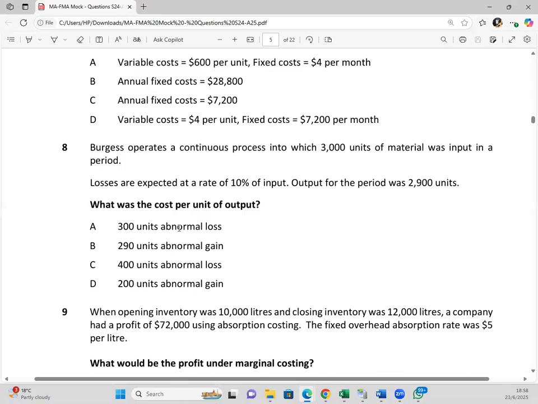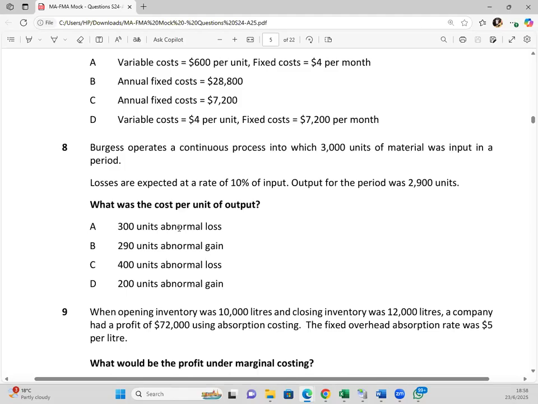So 10% is the expected normal loss. Even without going to our Excel, 10% of 3,000 is 300 units. We are expecting that the loss is going to be 300 units. But to our surprise, the output is 2.9, meaning the loss was 100 units. So we were expecting a loss of 300, but the loss was just 100 units.